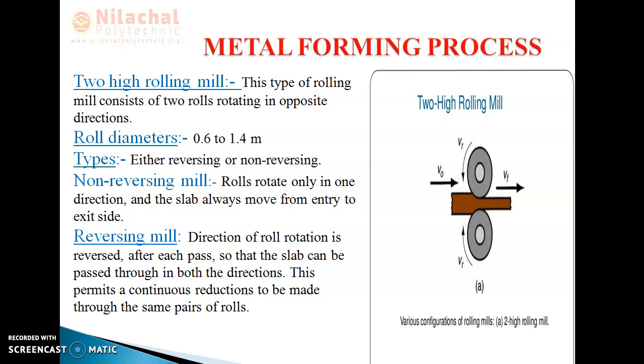Let me discuss again. In the 2 high roll mill, as the name indicates, it has 2 rolls. One of the rollers rotates in clockwise direction and the other moves in anti-clockwise direction.